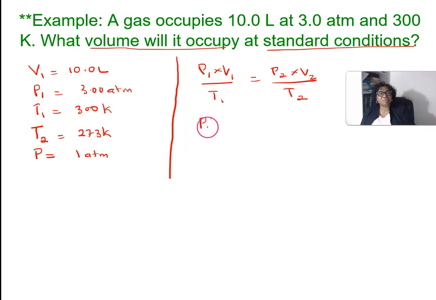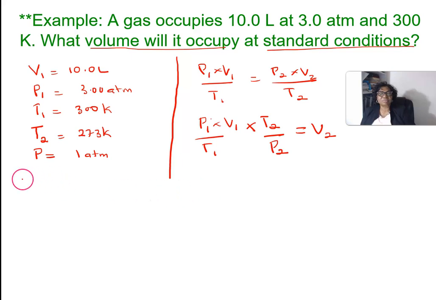So P1 times V1 all over T1, times T2, all over P2, equals V2. Take this T, go up here, take this P.